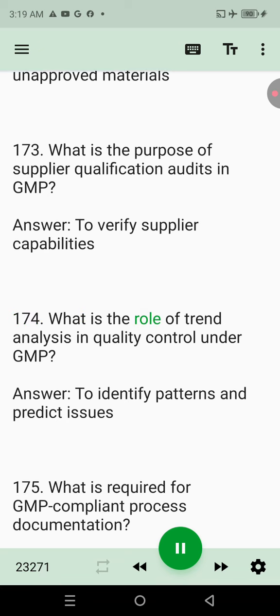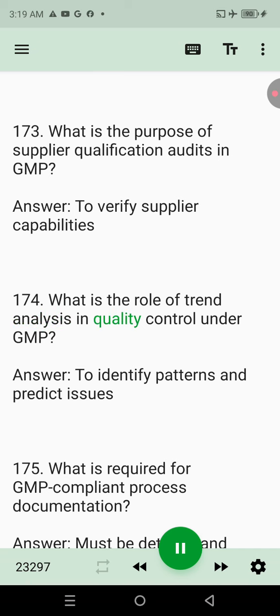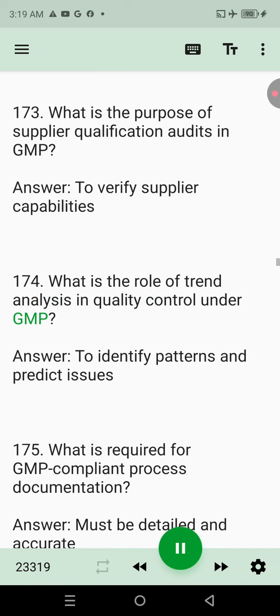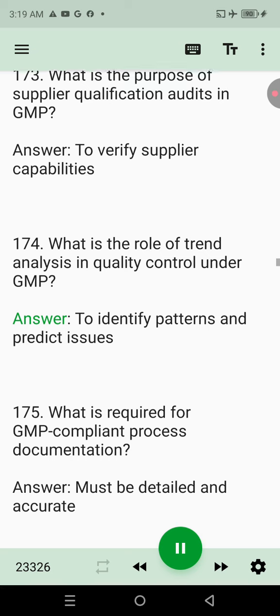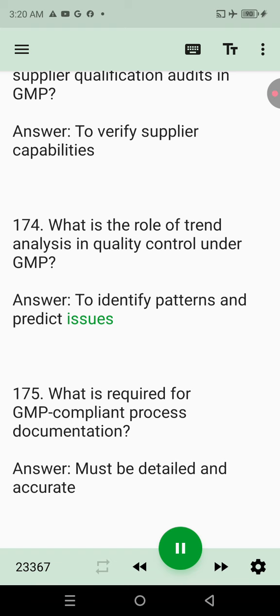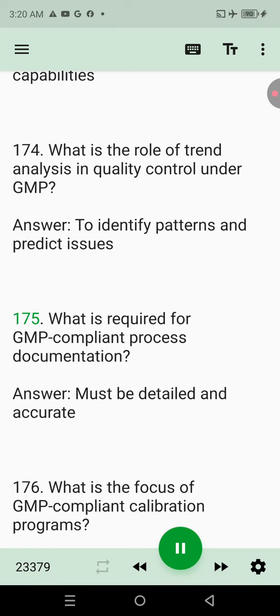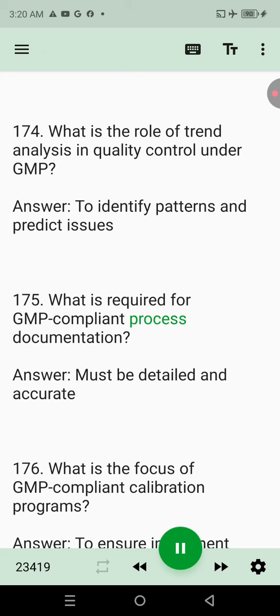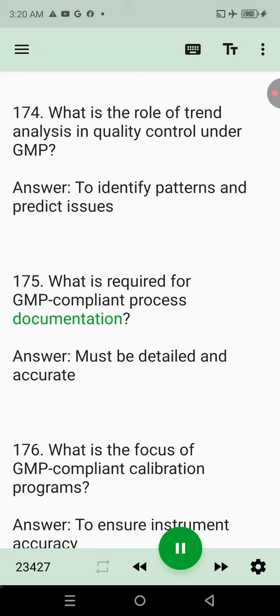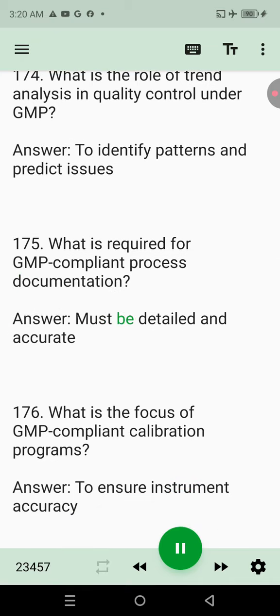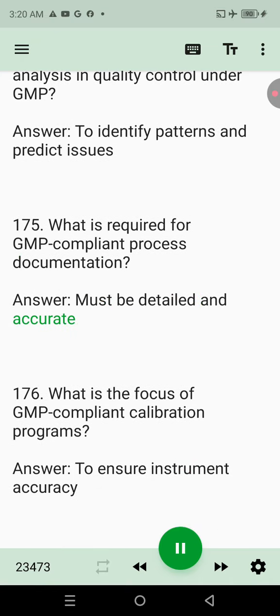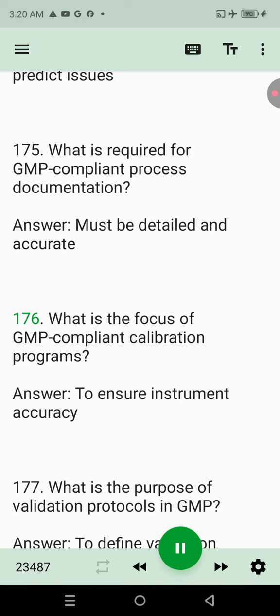174. What is the role of trend analysis in quality control under GMP? Answer: to identify patterns and predict issues. 175. What is required for GMP compliant process documentation? Answer: must be detailed and accurate. 176.